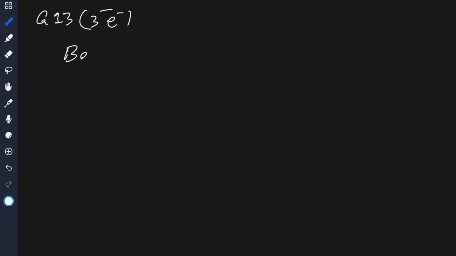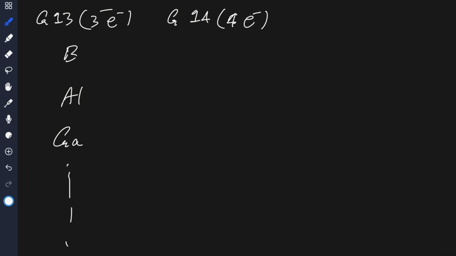Boron, aluminum, gallium, and etc. Group 14 have 4 electrons: carbon, silicon, germanium, and etc. Group 15, 5 electrons, like what?